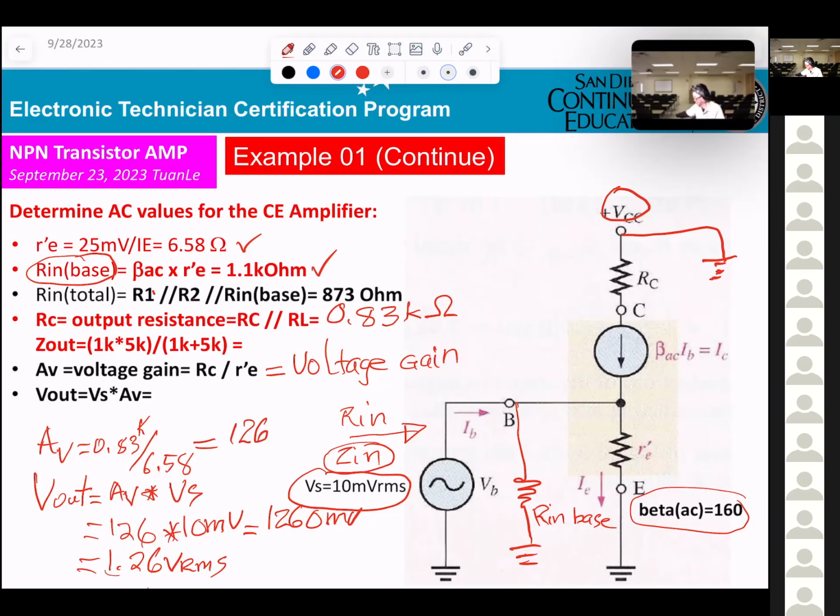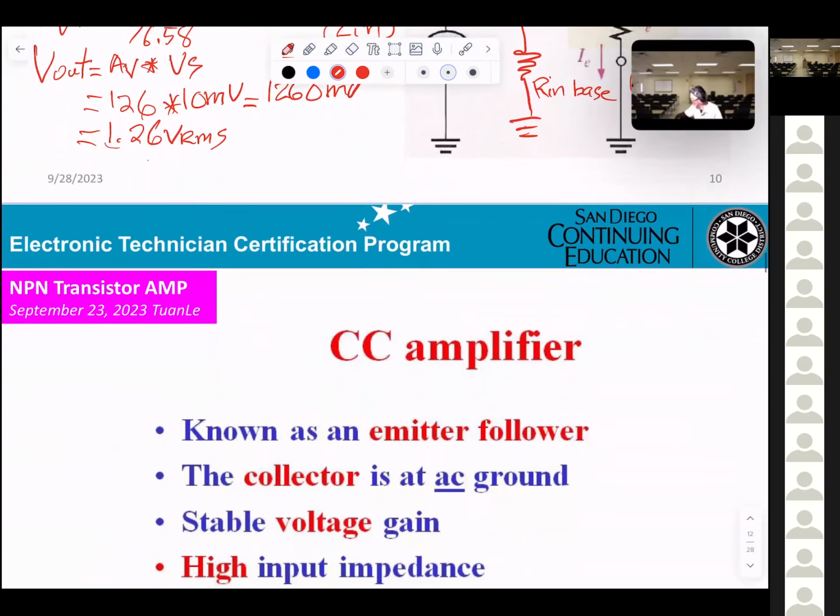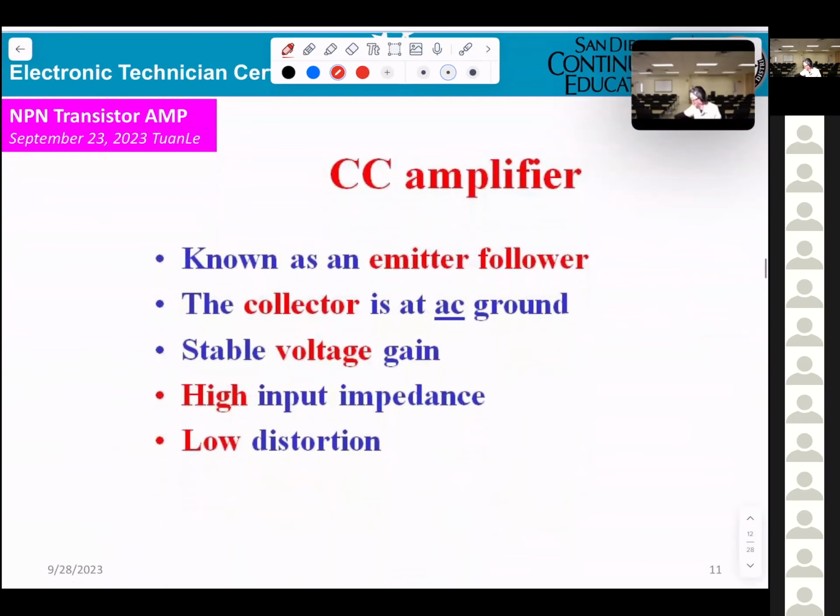Okay. Now we go to the CC amplifier. Before we go to the CC amplifier, I want to tell you about the one you learned, the CE amplifier.